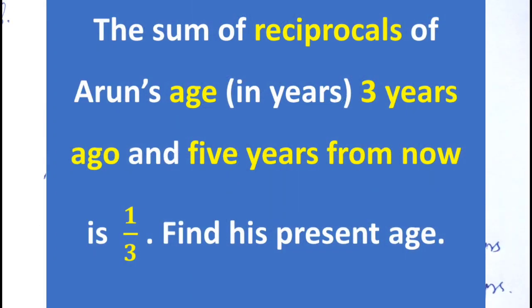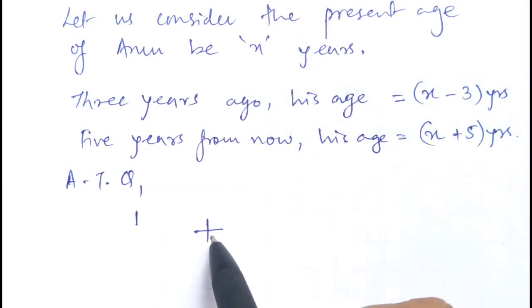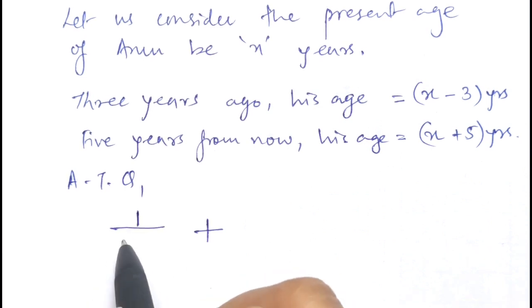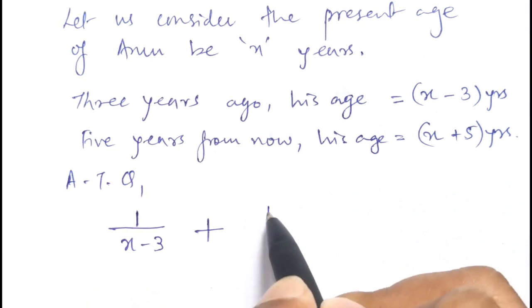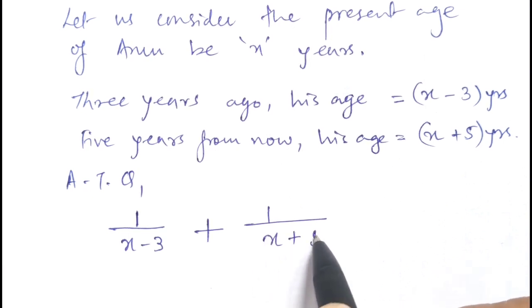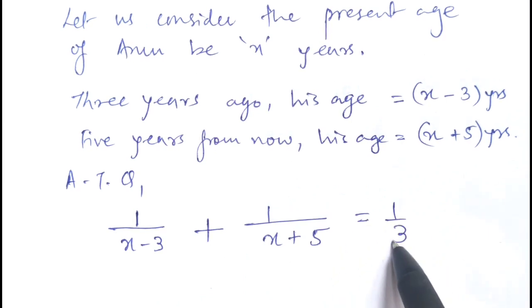The sum of reciprocals of his age 3 years ago and 5 years from now is 1/3. That means the sum of the reciprocal of his age 3 years ago, 1 by x minus 3, and reciprocal of his age 5 years from now, 1 by x plus 5, is equal to 1/3.